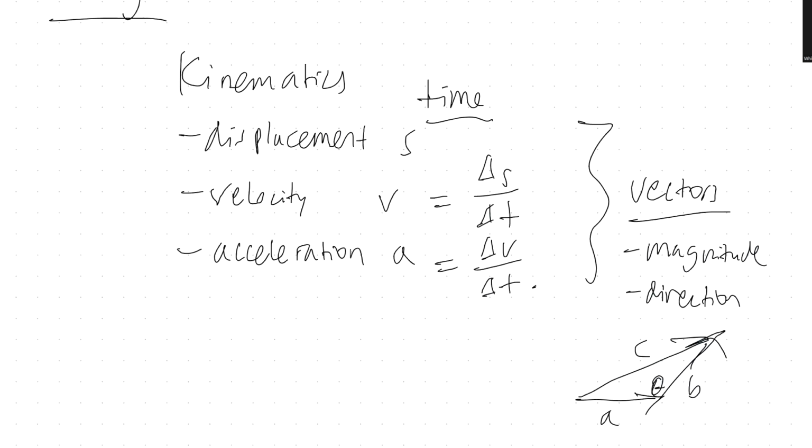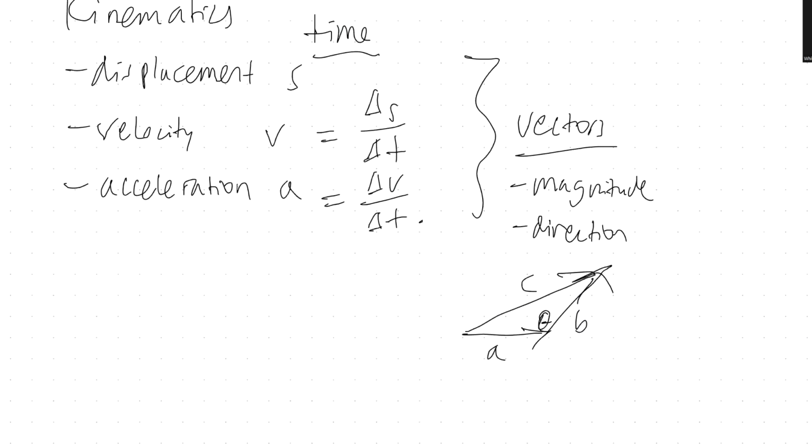And we have our suvat equations. So again, S is displacement, V is velocity, A is acceleration. And in this case, U is initial velocity, and V is the final velocity.